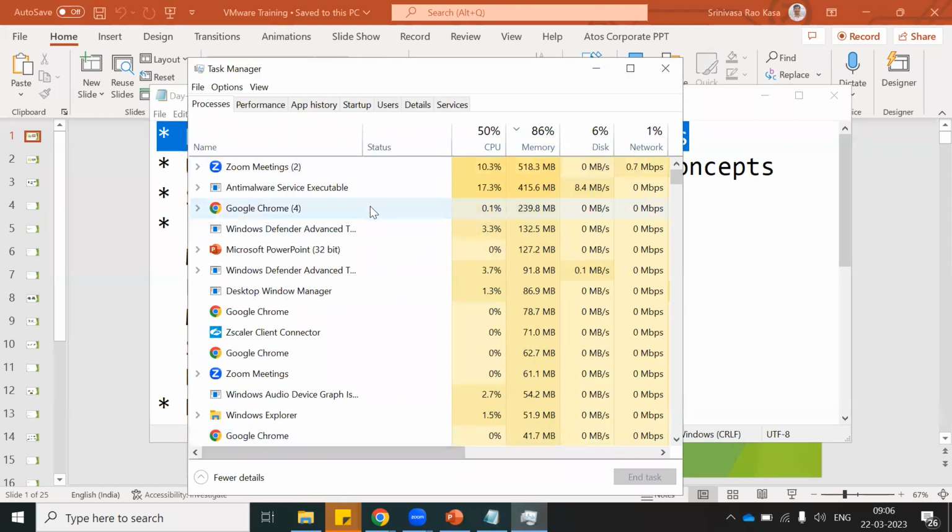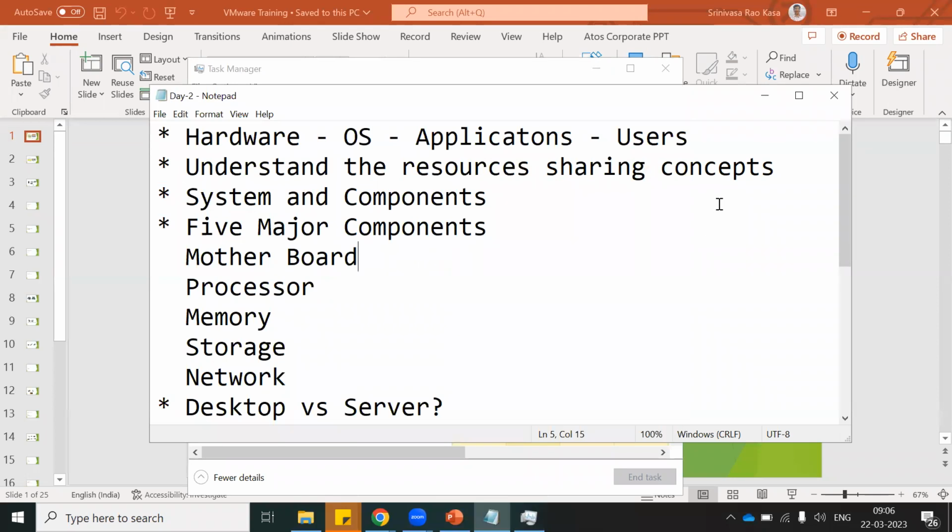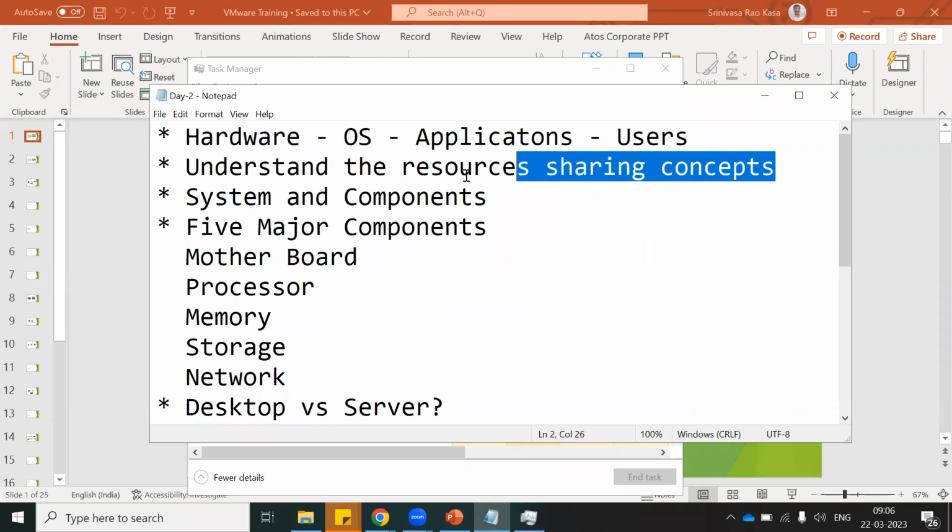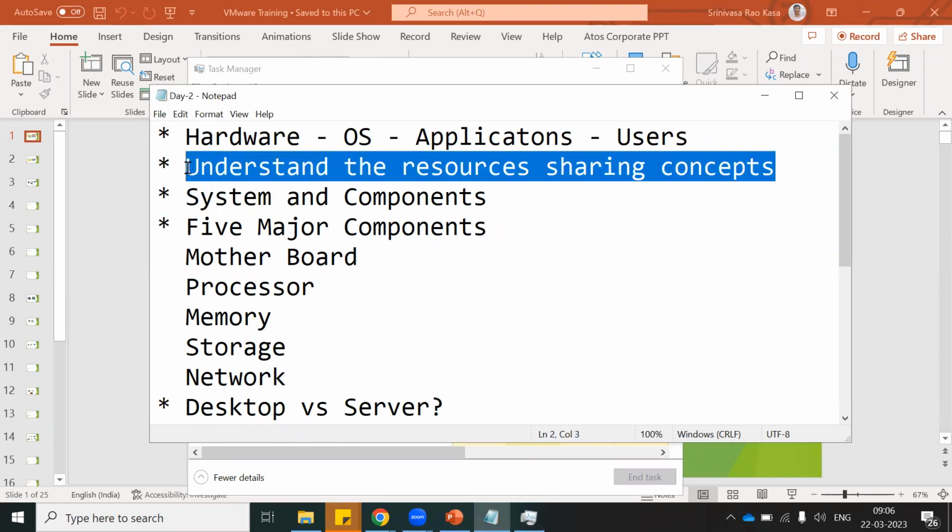For each application, how are the resources shared, how much storage it is using, how much network, how much CPU and memory? The resource sharing concept applies to your mobile as well.